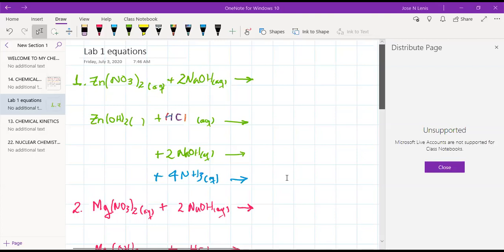It belongs to the 3d group. It's in the d block of the periodic table. That means zinc is classified as, or at least is, in the group of transition metals.